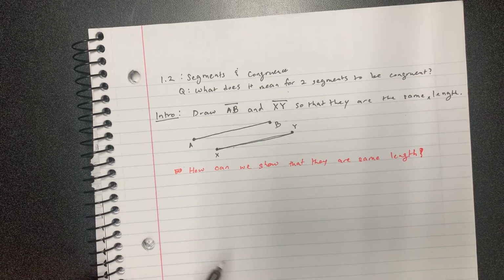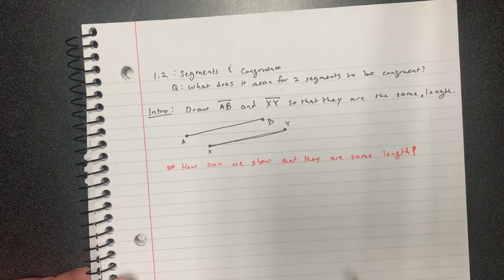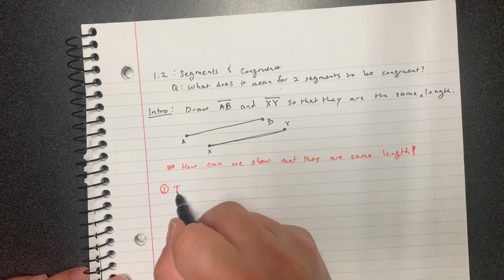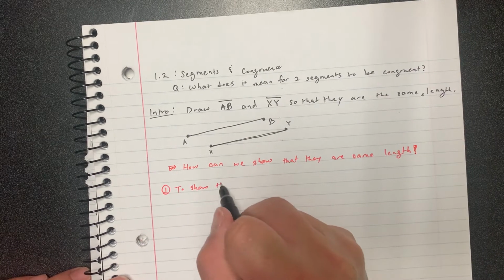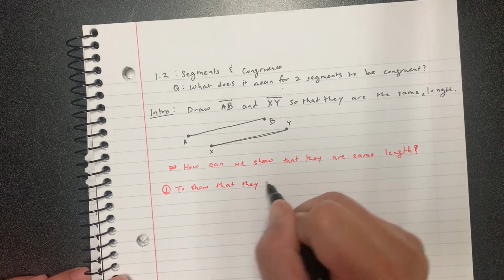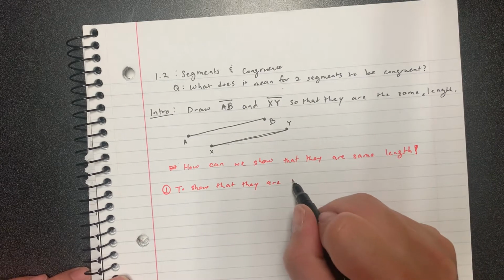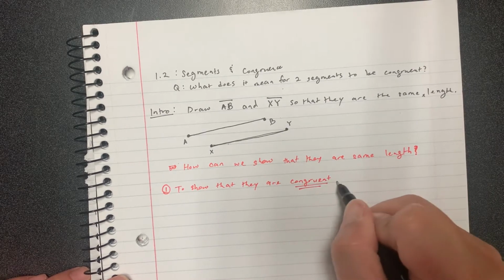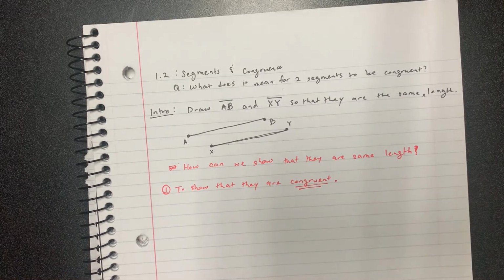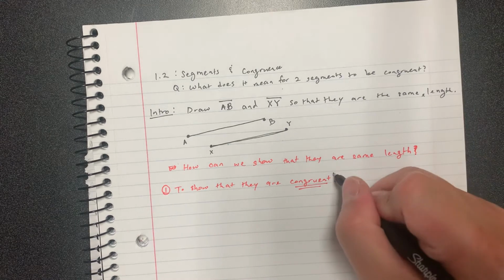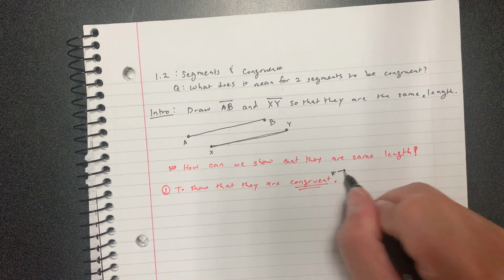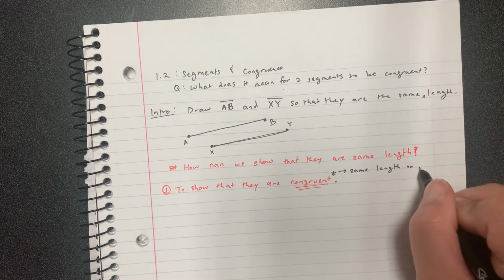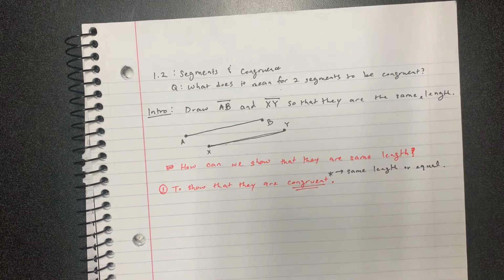Here's the first way, and here's the new word that you're going to learn: congruent. Congruent is a fancy word for same length or equal. To say that they are congruent.